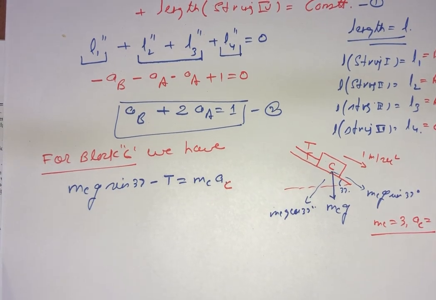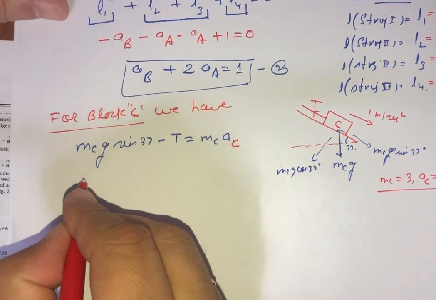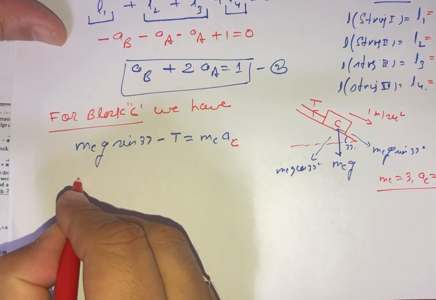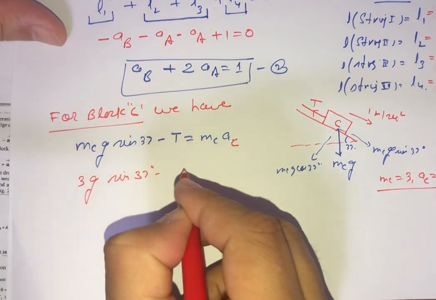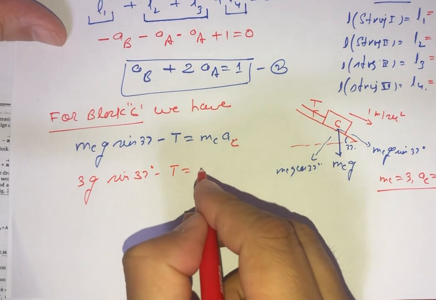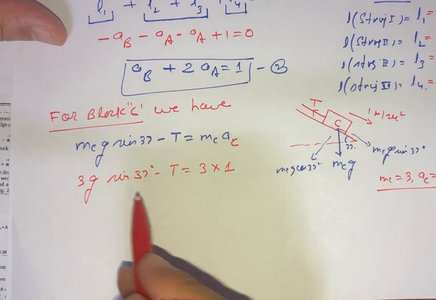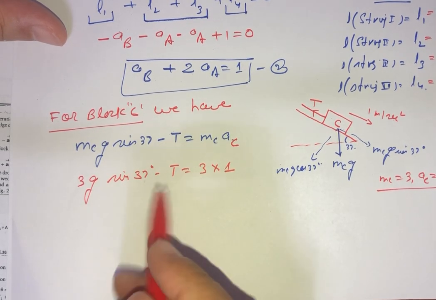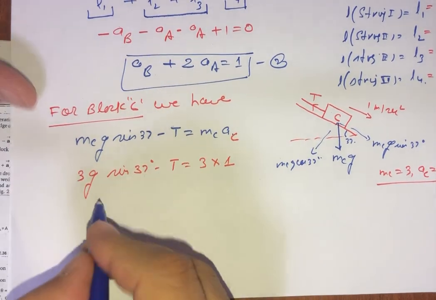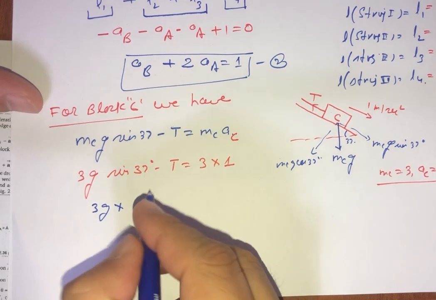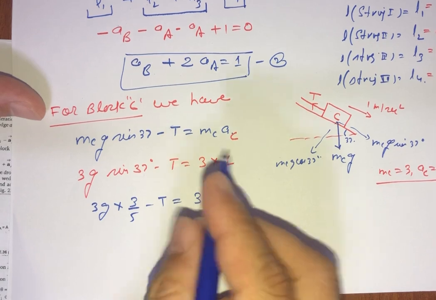So if you put those values, we can write this as 3g sine of 37 minus T equals mC times 1, which is 3, and we know the value of sine of 37 is 3 by 5, so we can write this as 3g into 3 by 5 minus T is equal to 3.